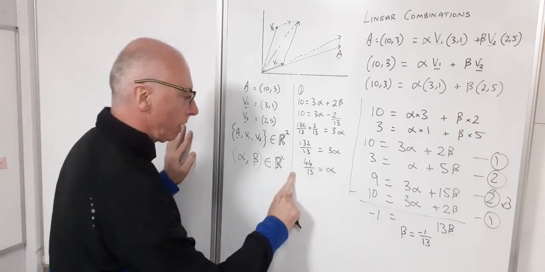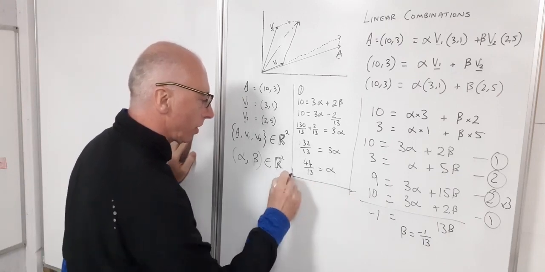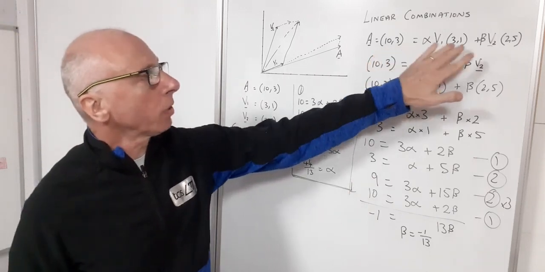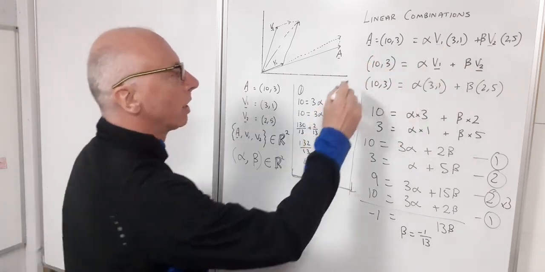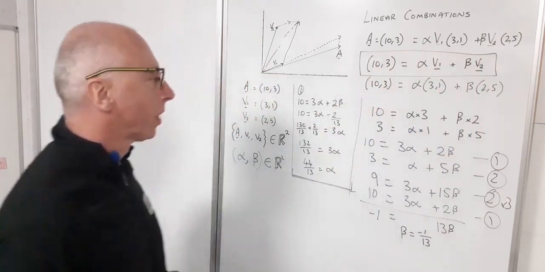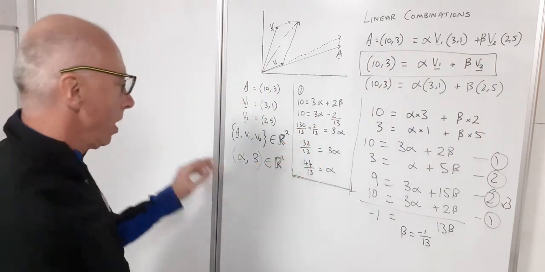So now what I can do is just check my values and see if that makes a linear combination of these vectors. So let's plug that into this part here. So let's just see what happens into this one. So I've got 10, 3.